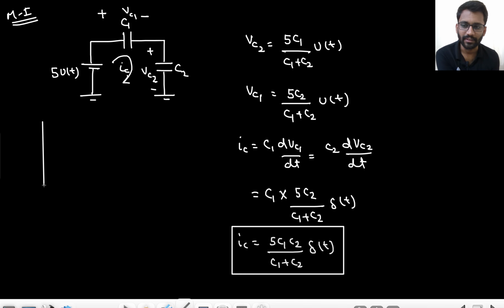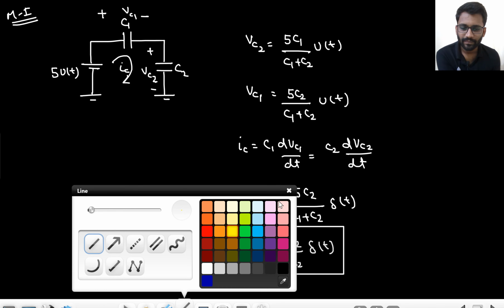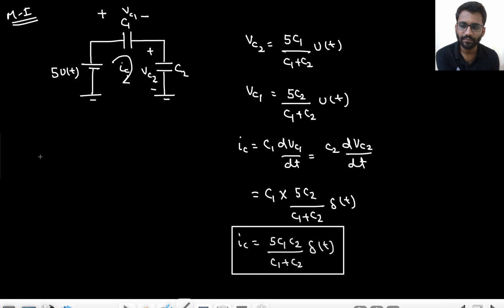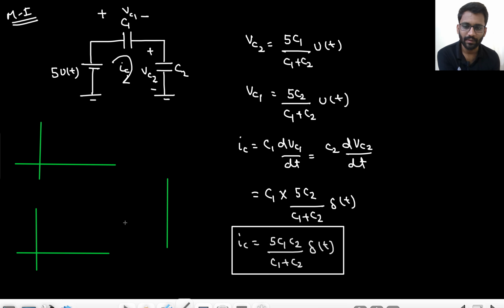Now we can make the graphs as well. For VC1 we can draw, for VC2 we can draw here, and for IC we can draw here.